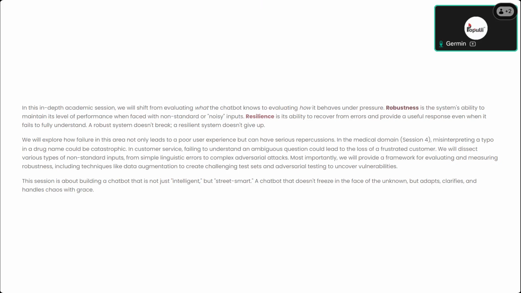In other words, a robust system doesn't easily break when the input isn't perfect. But resilience is about how the chatbot recovers from mistakes. It is the system's ability to still give a useful response even when it didn't fully understand the question. So, to put it simply, a robust system doesn't break, a resilient system doesn't give up.